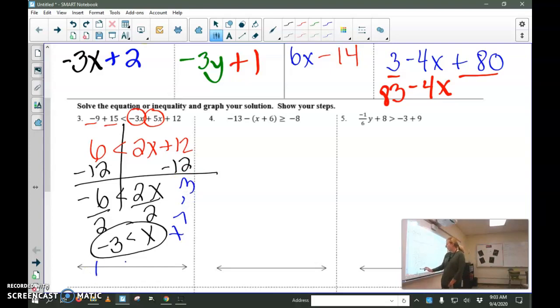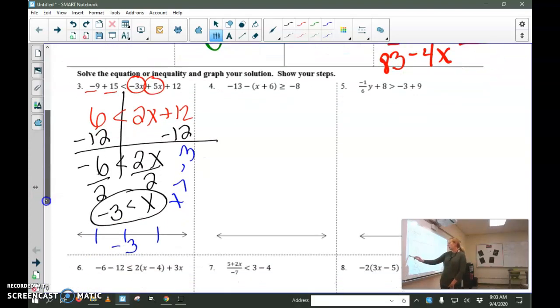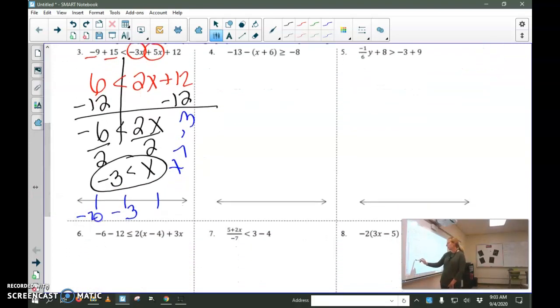So I want to graph this. I'm going to get 3 numbers on my number line, my answer in the middle, a number that's smaller than -3, and a number that's bigger than -3.